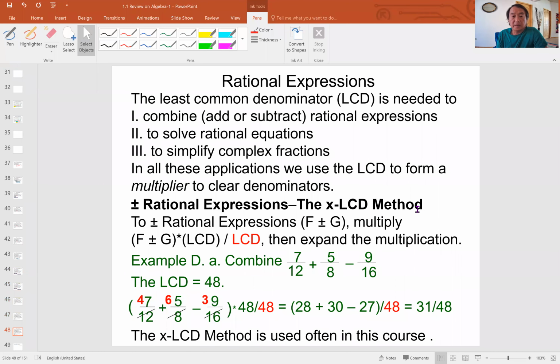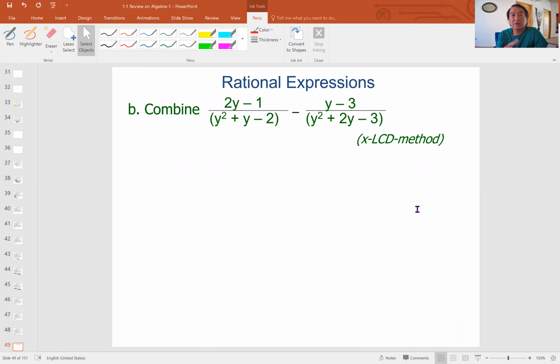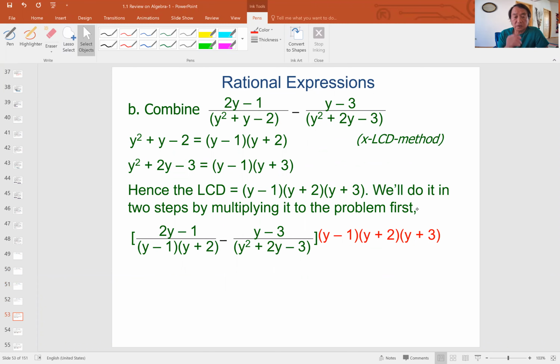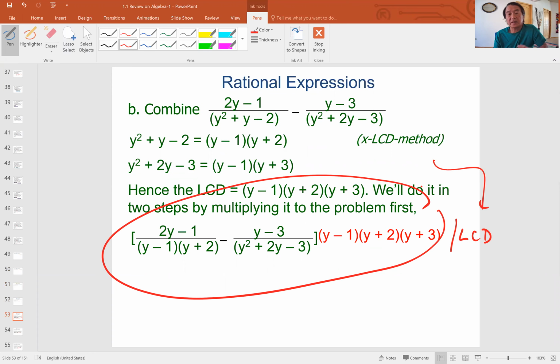And here are manipulations of rational additions. Kind of messy, but the way we're going to simplify these is we're going to multiply the entire problem by the common denominator, then divide by the common denominator. In other words, I'm going to multiply these things, find out what the numerator is, and put the answer back on the common denominator.